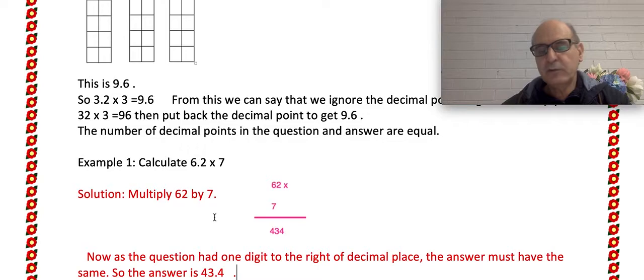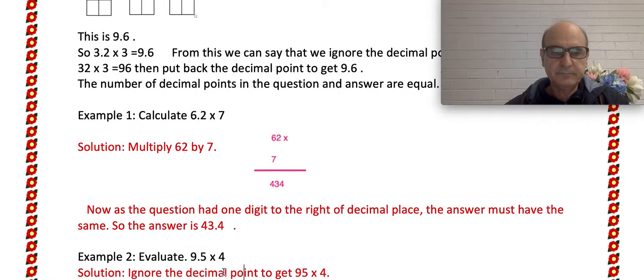And we said that the question and the answer should have the same number of decimal places. This has only 1. So I need 1 digit in the answer to have 1 decimal place. So I put the decimal point here so that I have 1 decimal place. So my final answer is 43.4.